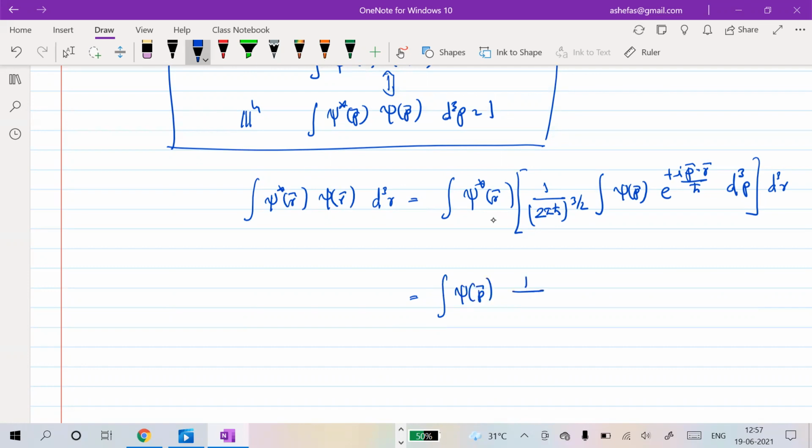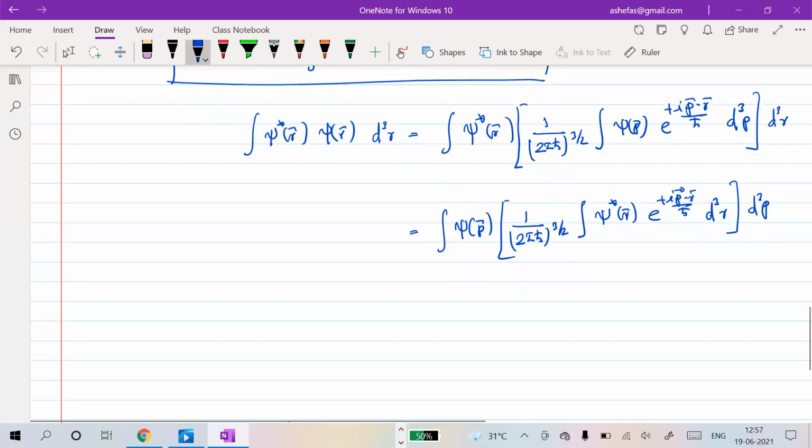Then the remaining quantity is 1 by (2πħ)^(3/2) integral ψ*(r) e^(+i p·r/ħ) d³r, then integral d³p.